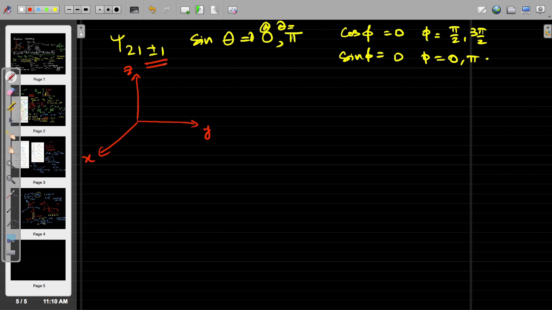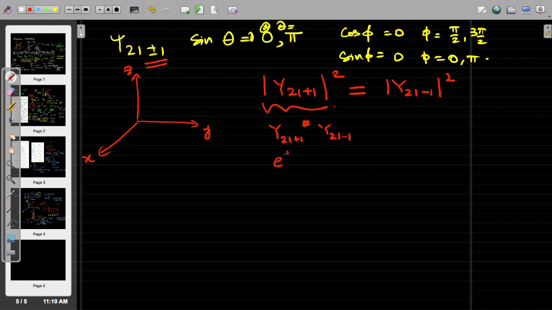It is because you realize that the mod square of psi 2,1,+1 and psi 2,1,−1, where these are the n, l and m values that you're looking at, are equal to each other. This is largely because whenever you're taking a mod square, you need to do psi 2,1,+1 star times psi 2,1,+1.